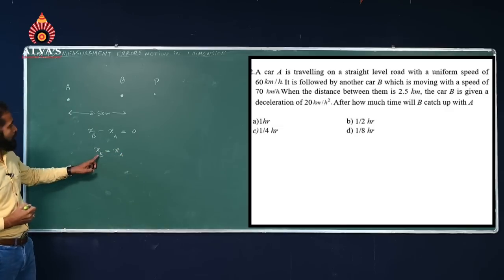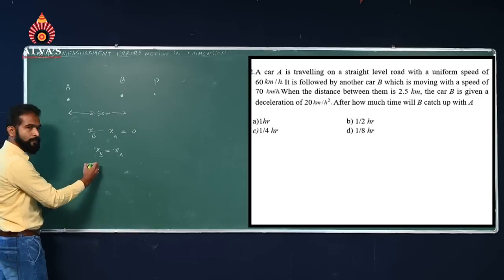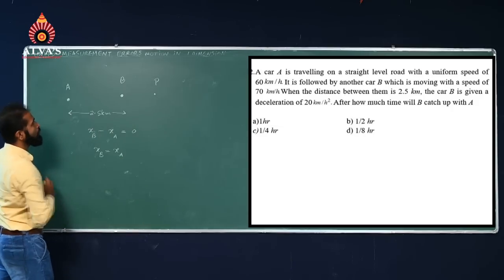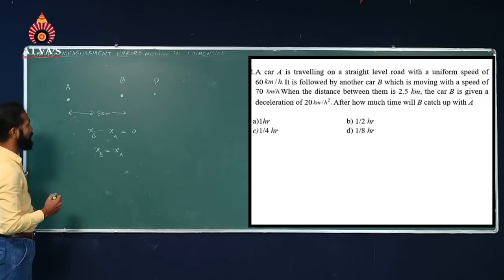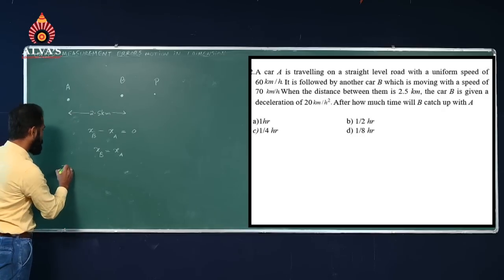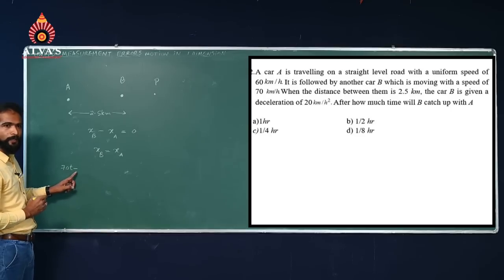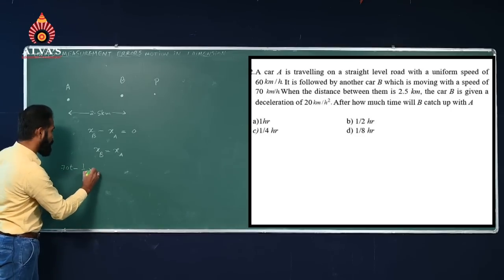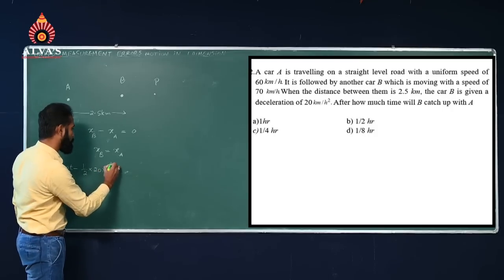So XB is the same as XA. XB is nothing but the distance traveled from B to P. That distance can be calculated by using the formula ut plus half at square. So its initial velocity is 70 into t minus, why is it minus? Because it is a deceleration. Half into the deceleration value given, 20, into t square.